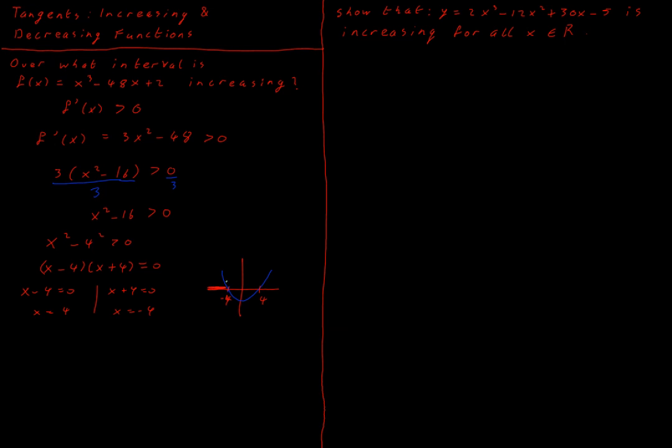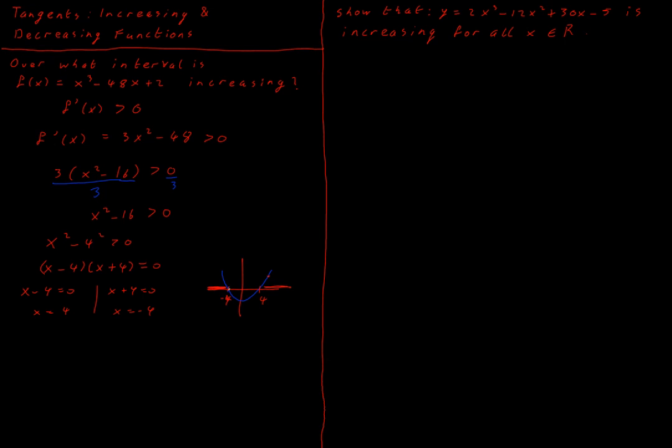That's going to be down here. My blue line is going to be above the x-axis, with positive y values for any x less than minus 4. And for any x greater than 4, my blue line is also above the x-axis. I get positive y values. If I pick, say, x is equal to 5, I get a positive y coordinate.